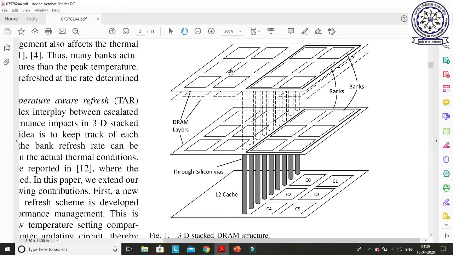If we place DRAM just on top of this execution layer, then the communication latency will be reduced, and the bandwidth will also be increased. So to reduce the major disadvantages of DRAM, which are the bandwidth and latency issues, it is better to put the DRAM memories just on top of the execution layer. In that case, the DRAM is called 3D stack DRAM, and the entire chip is called a 3D IC.